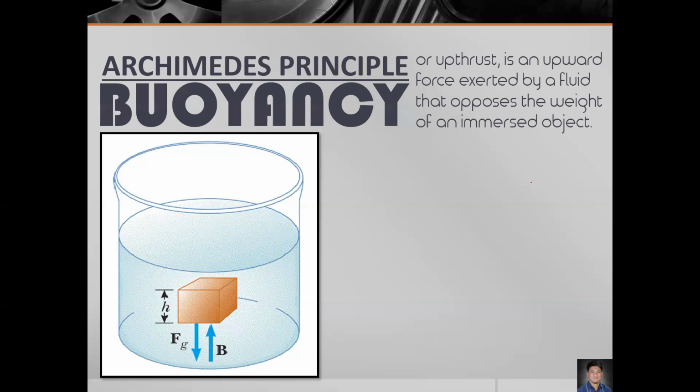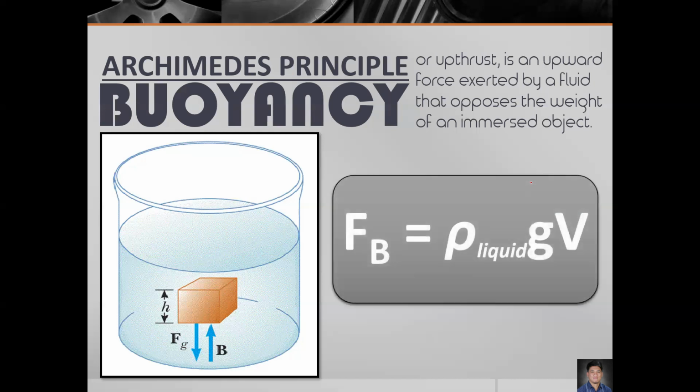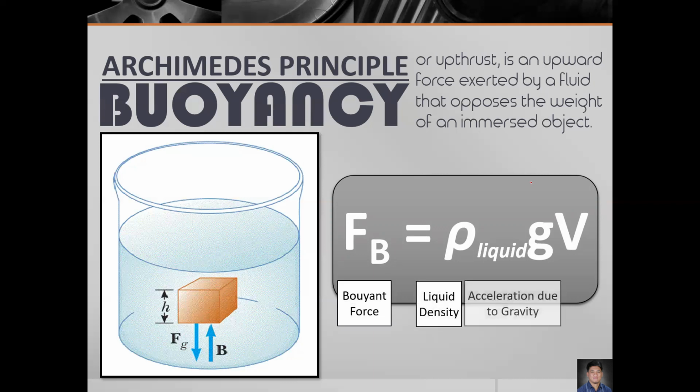So how can we determine the buoyancy of a certain object? Using the equation for buoyancy, the force due to buoyancy, or the buoyant force, is equal to the density of the liquid multiplied by the acceleration due to gravity, then multiplied by the volume of the object.